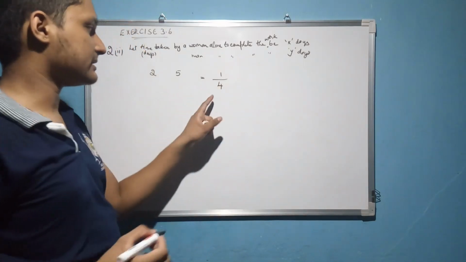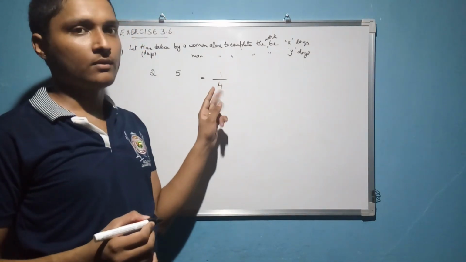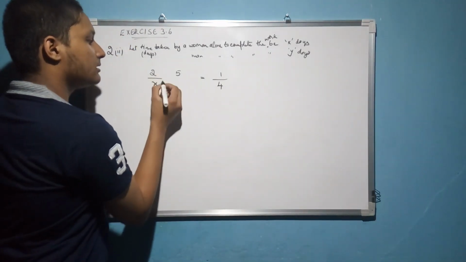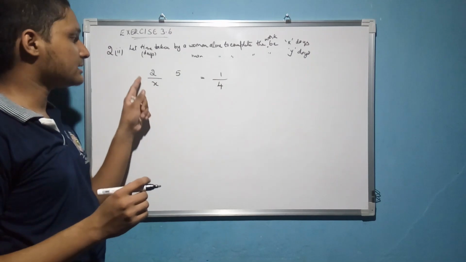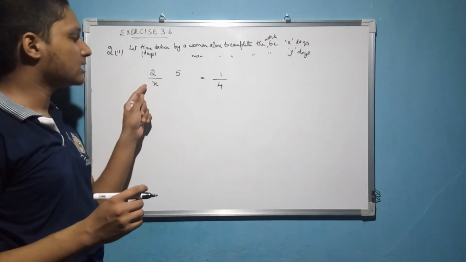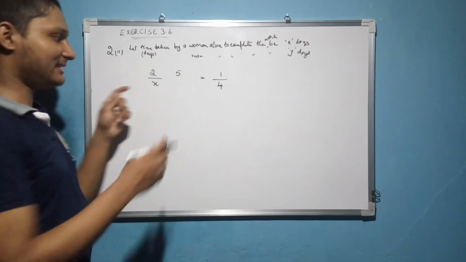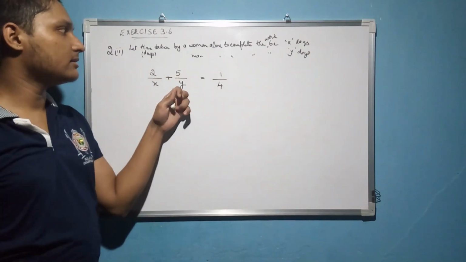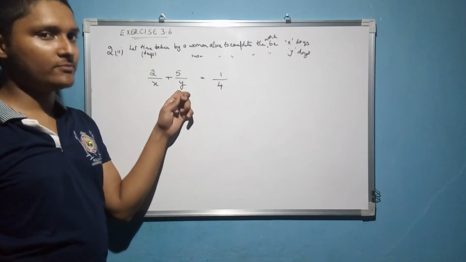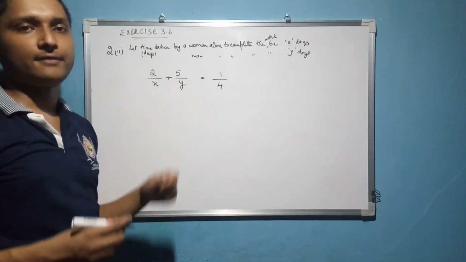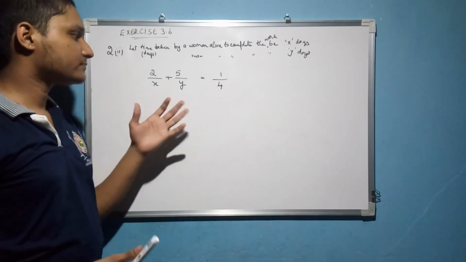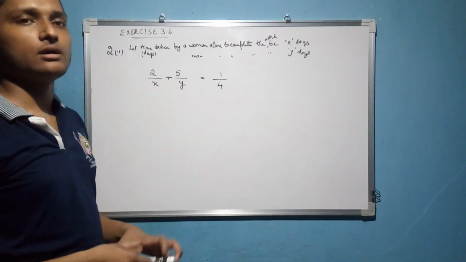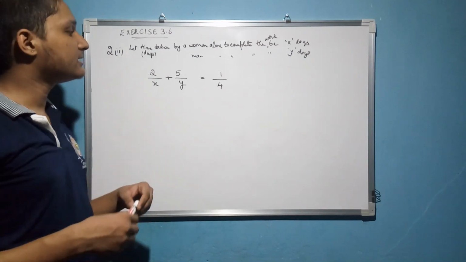So I can write it as every part of the 4 days. When a woman works, 2 women work in such a case. So you are going to get 2 divided by x, and you are going to add the number of men. Here 1 man is working if it is y. It is 5 by y, that means the time taken for 5 men to work and get the work done. That is the first one.